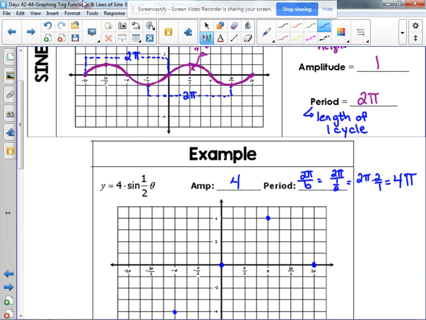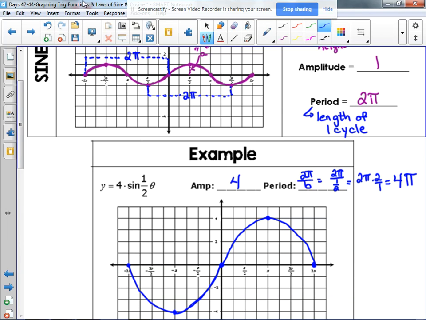And then we would get back to the x-axis at negative pi. So multiply that by a factor of 2. That's going to be negative 2 pi. So you can see how your graph has 2 stretches going on here. We've got a horizontal stretch and we have a vertical stretch.